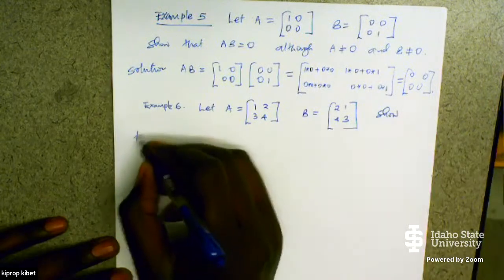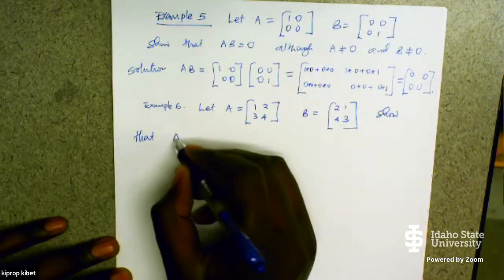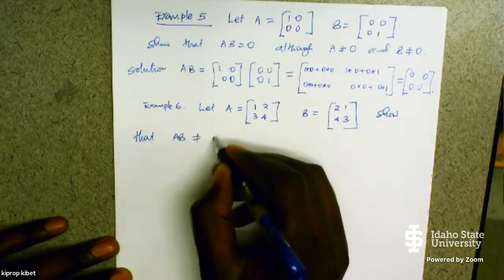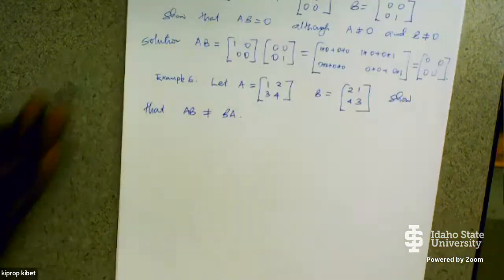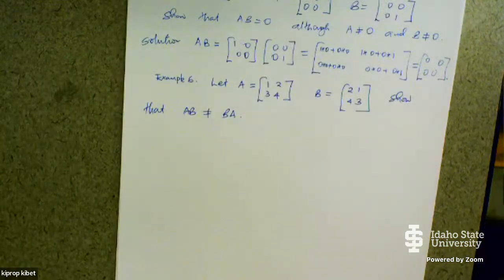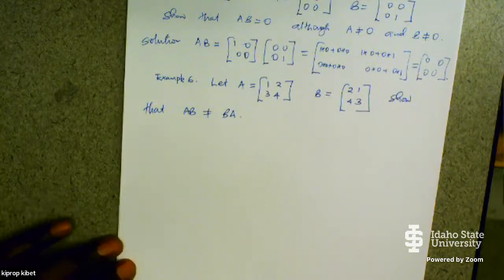Show that AB is not equal to BA. So this is another special example in which AB is not equal to BA.